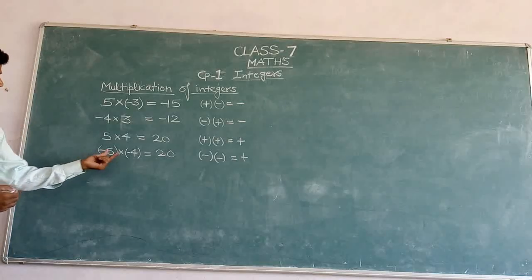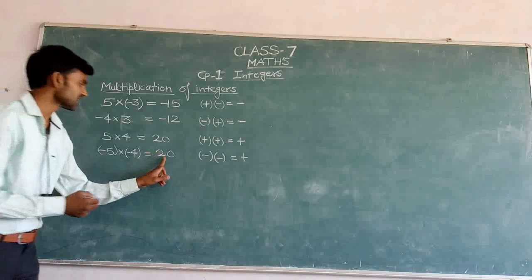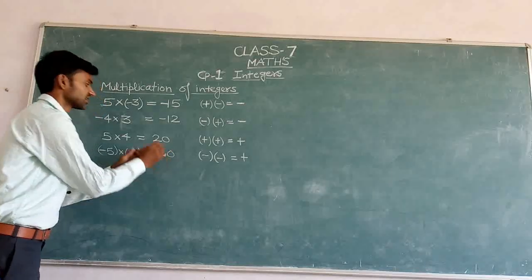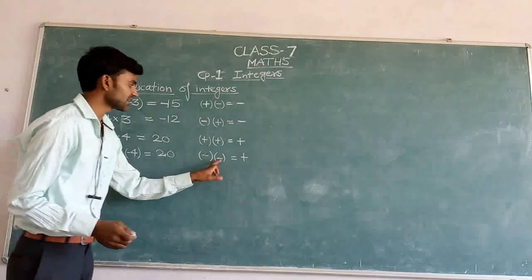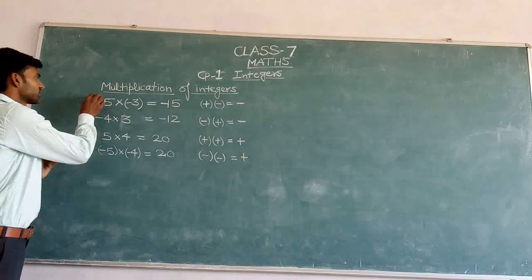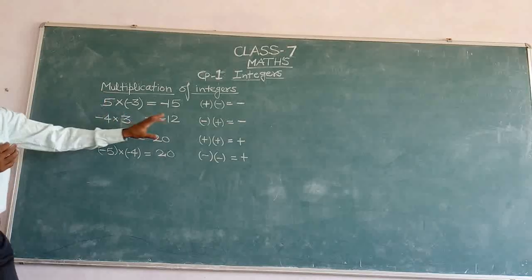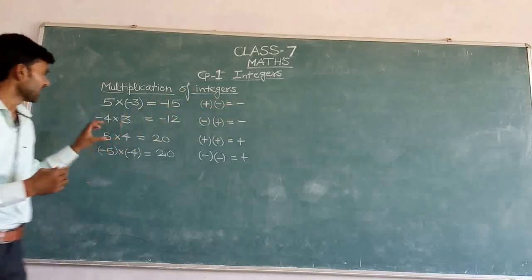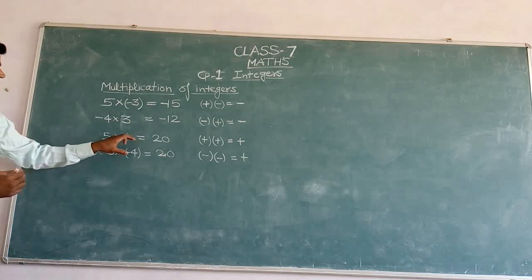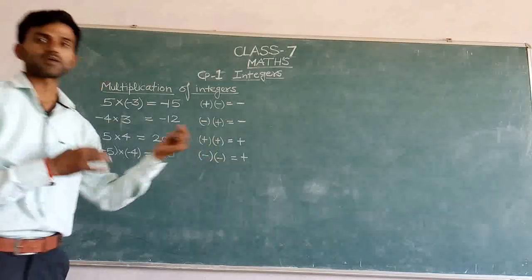Similarly, when both integers have negative signs, minus 5 into minus 4, the result will also be positive. Negative and negative make positive. So the rule is clear: when two different signs are multiplied, we get a negative sign, and when we multiply the same signs, we get a positive sign.